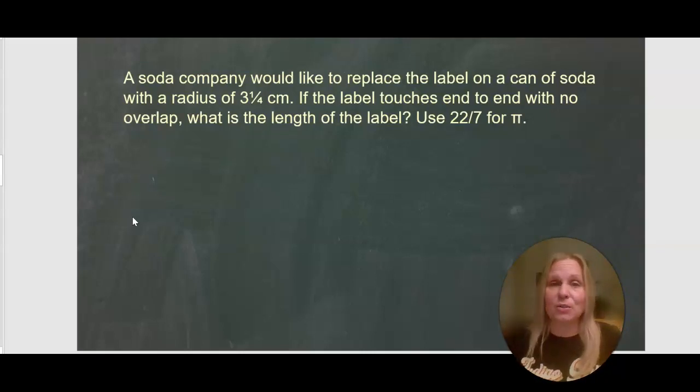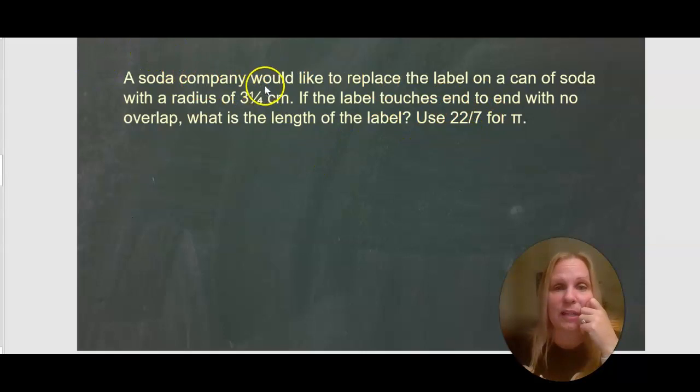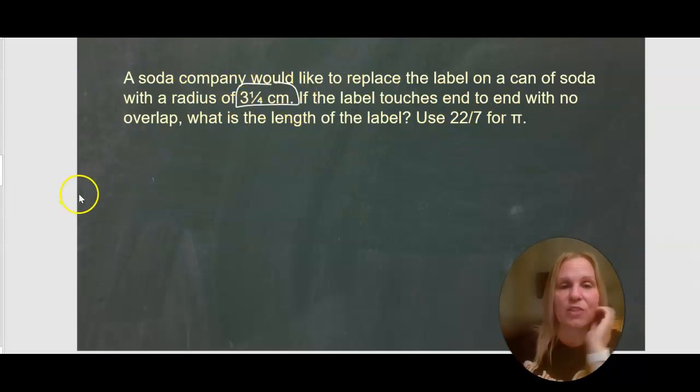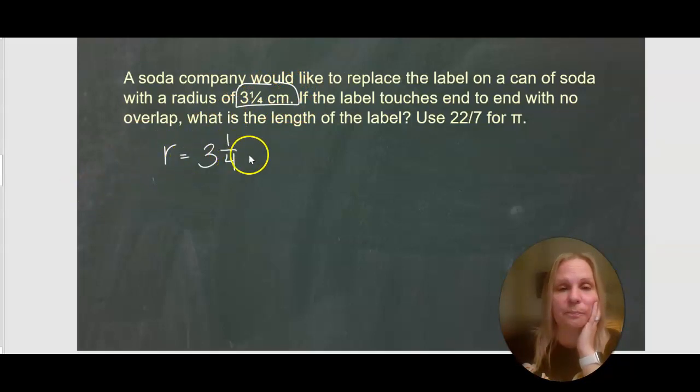Since we have to use a fraction for pi, I'm going to write this as a fraction as well. My radius is 3 1/4, so I'm going to write that as an improper fraction. 4 times 3 is 12, plus 1 is 13/4.